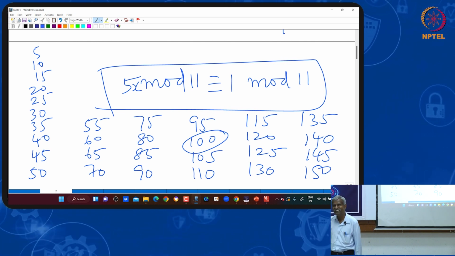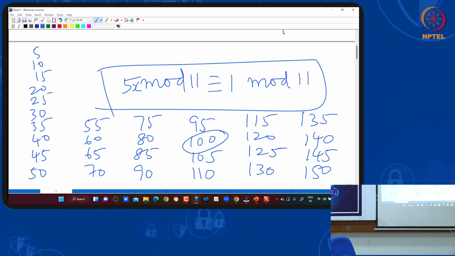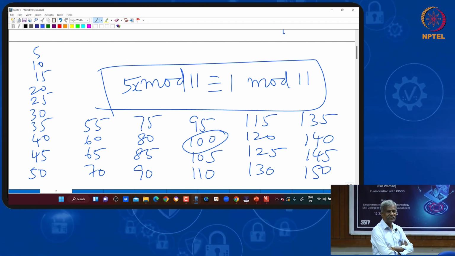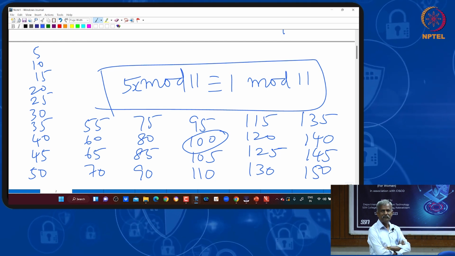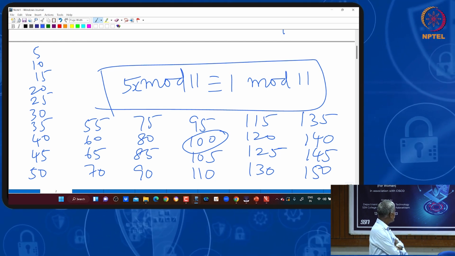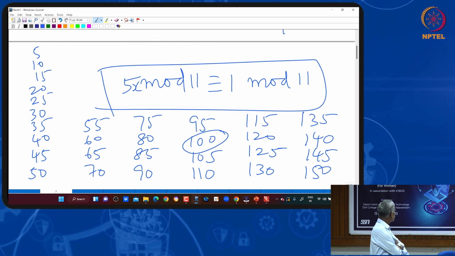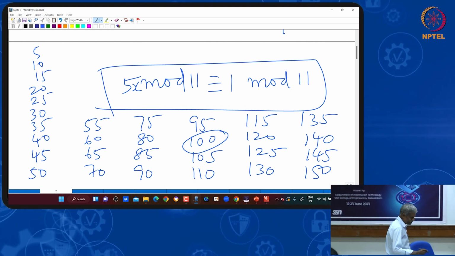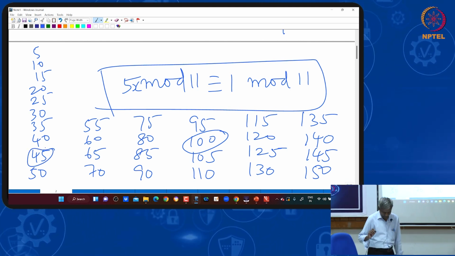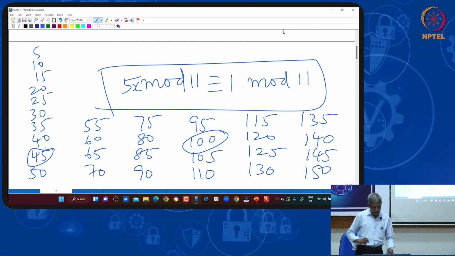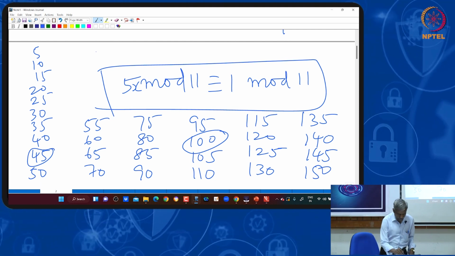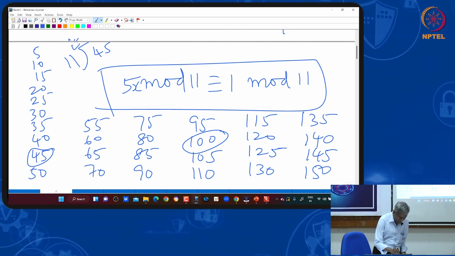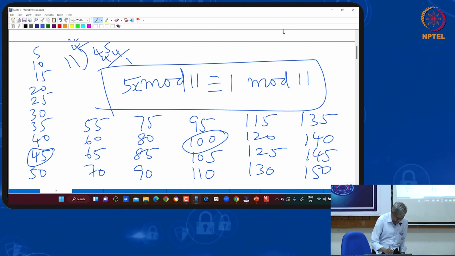So I found it. Do you understand how I found it? 9 itself is coming. 5 nines are 45. Correct. 45 divided by 11, 4 times 44, carry 1.